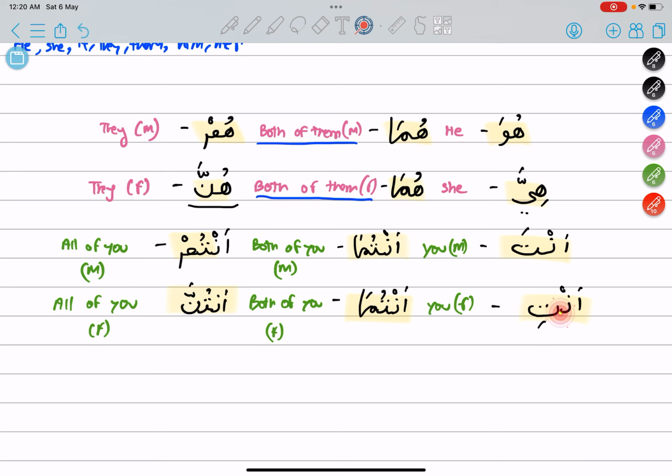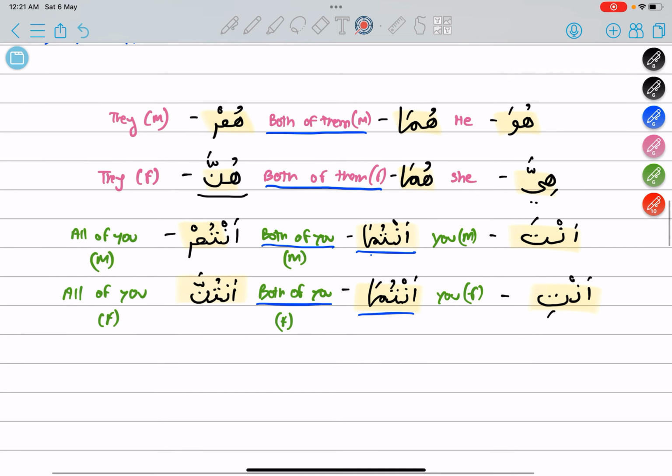So anti means you, feminine, you're indicating a girl. Antuma means both of you, the same word we use for masculine. Now we have antunna, all of you, feminine.